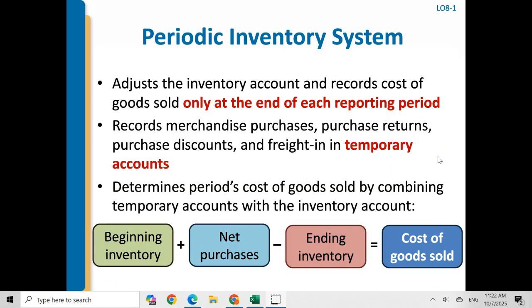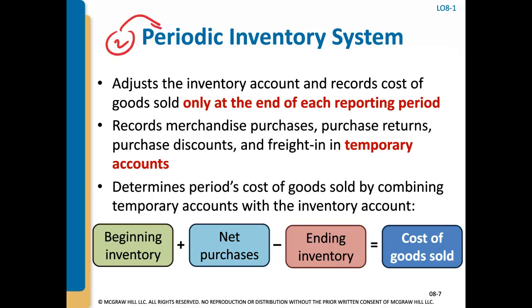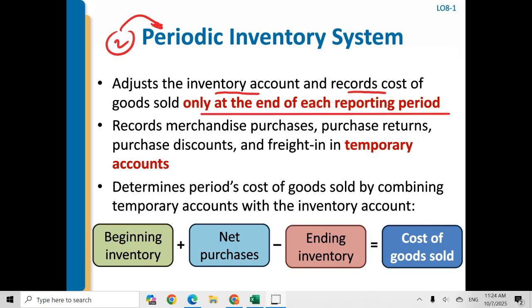The second type of system is the periodic system, and this is less commonly used. That's because in the periodic inventory system, the inventory account and the cost of goods sold are only adjusted at the end of each reporting period.